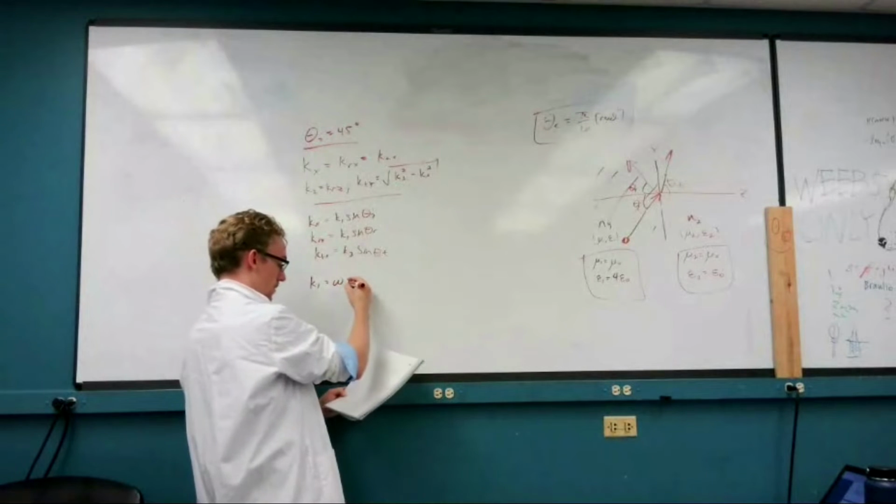K1 is equal to omega square root of mu naught times 4 epsilon naught, which is 2 omega square root mu naught epsilon naught. And this value is your wave number in a vacuum. That is your k naught. So k1 equals 2 k naught. That'll be helpful.